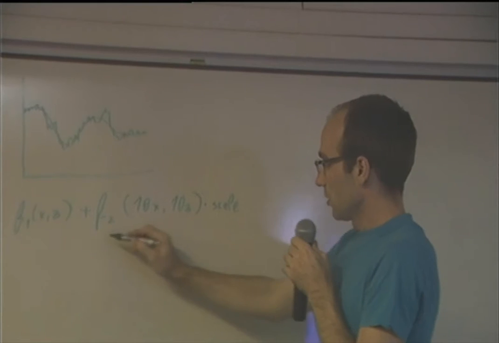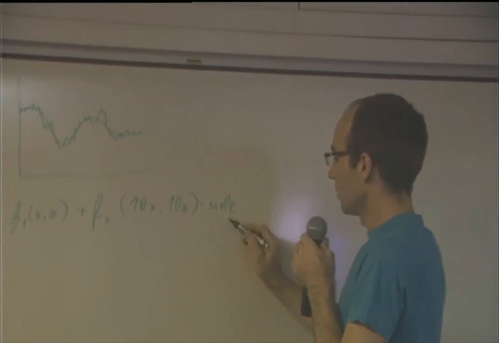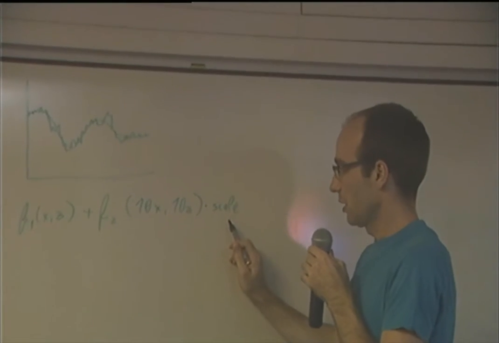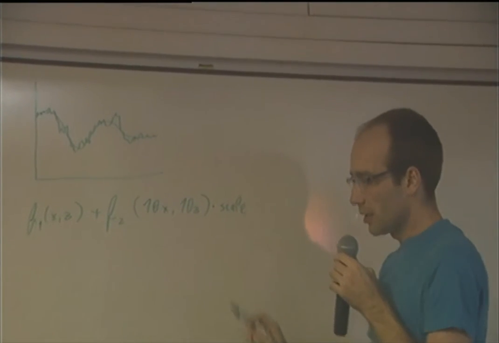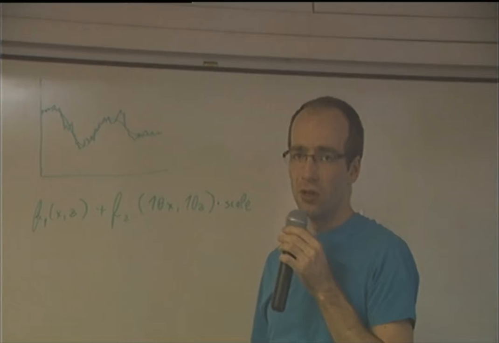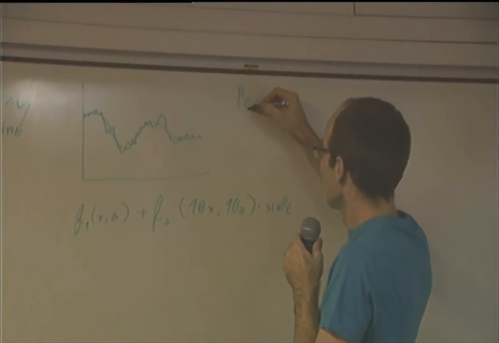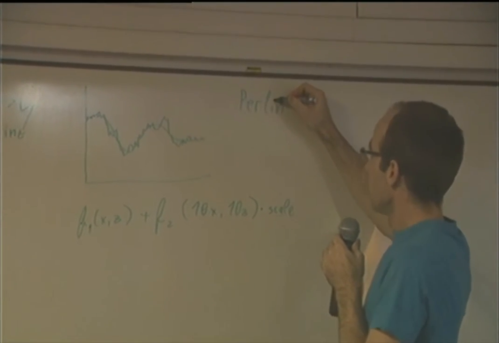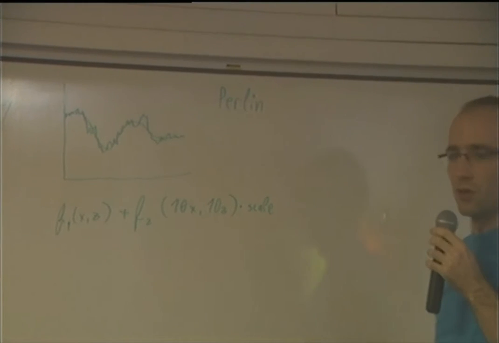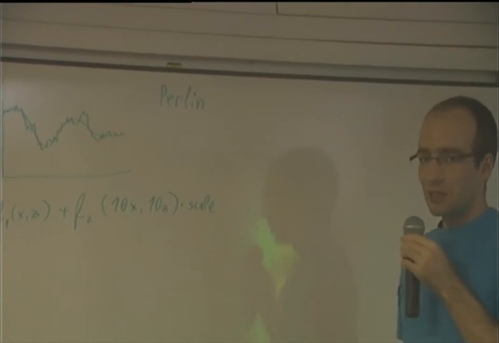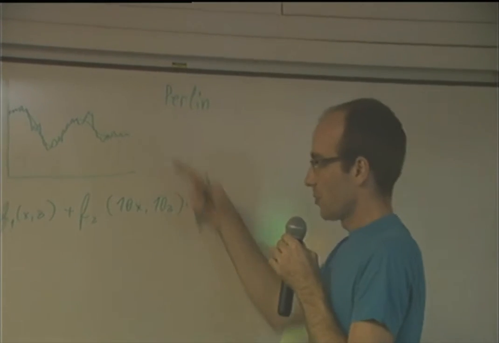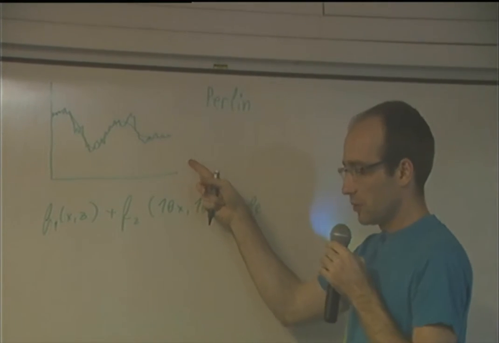We can add in a few more of these terms, each with a different frequency and scale, and that's what's called the Perlin noise. Perlin was the guy who invented this kind of noise. So now when we say Perlin noise, you know what to expect. This is in 2 dimensions, of course.